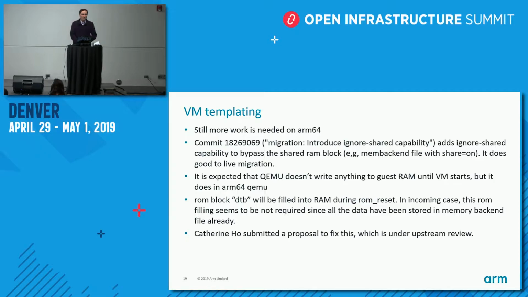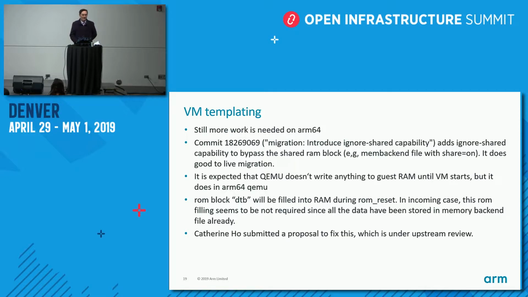After Yuri's commit, it adds an ignore-shared capability to bypass the shared RAM block, for example, memory backend file with the flag share equals on. It is good for live migration, and also it is the base of VM templating.